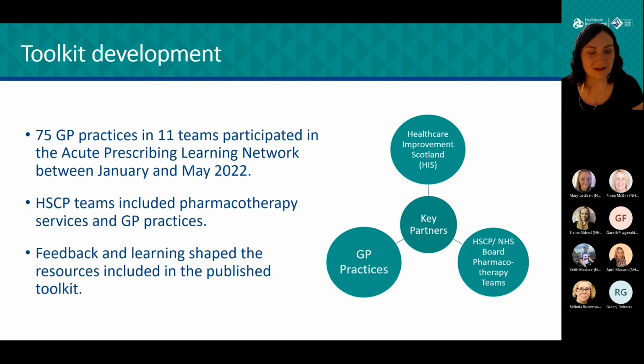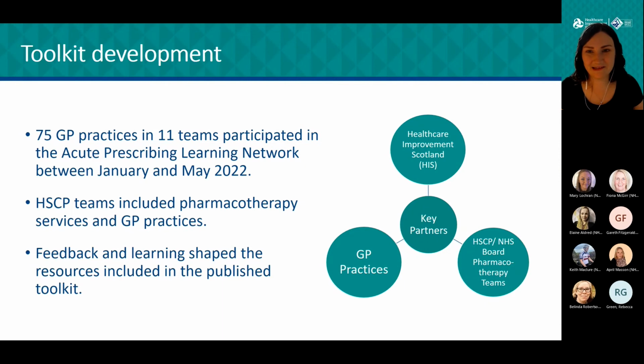So the toolkit was developed through the Acute Prescribing Learning Network. We recruited teams to the network in November 2021. We had 75 practices arranged into 11 teams, and those teams were in groups by health and social care partnerships, usually one, occasionally two partnerships, so that the pharmacotherapy services as well as the GP practices were involved in working on improvement projects.